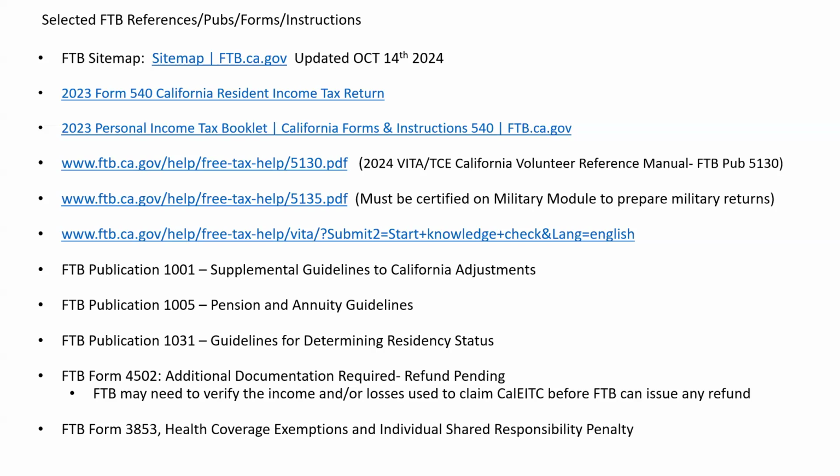And so if you get stuck in something and you're looking for a resource, that is a resource, the FTB site map. And they do a pretty fair job of updating it. And again, a number of topics to include credits and deductions and income. Right now, and I went scouring the internet trying to find the tax year 2024 California state return.